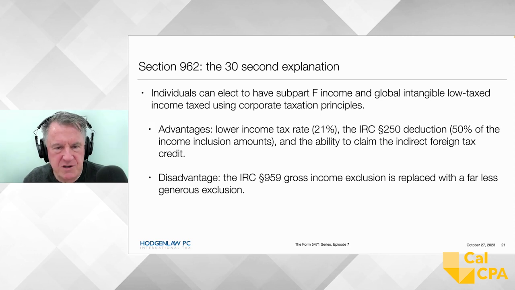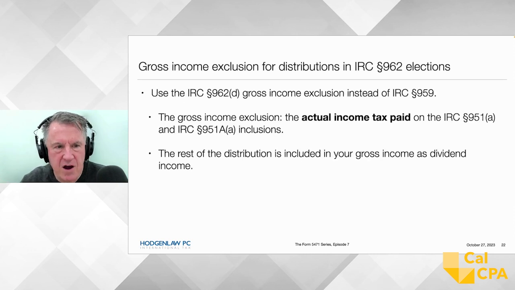If you make the section 962 election, section 959 is not applicable, and instead you have a special rule in section 962(d). And the amount of the exclusion there is the actual income tax paid on the inclusions, not the amounts of earnings and profits at the C Corp, at the CFC level.